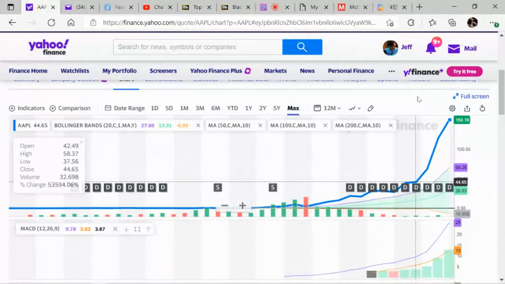But then after I sold, it went to something like 680 or whatever. I don't remember exactly, and just a couple of months after I sold, Apple split 7-to-1.